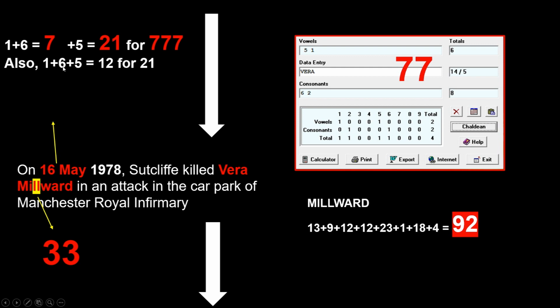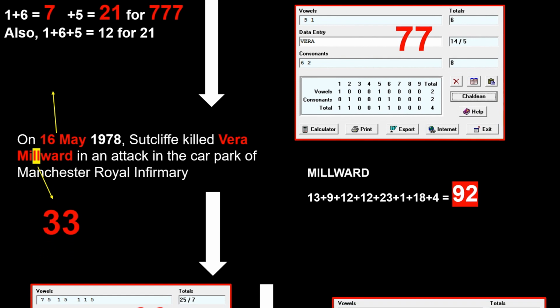Also, 1 plus 6 plus 5 is 12 for 21 for 777 again. And Vera in Chaldean, guess what that comes to? 77, two sevens for 77. And Millward, look what Millward adds up to, guys. It adds up to 92 again. That number.